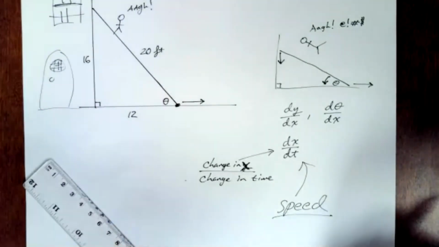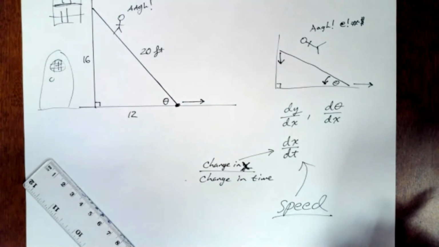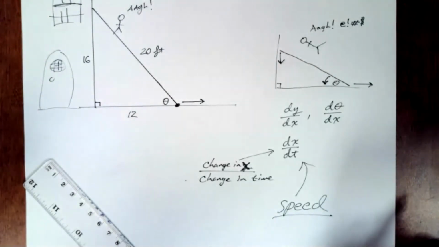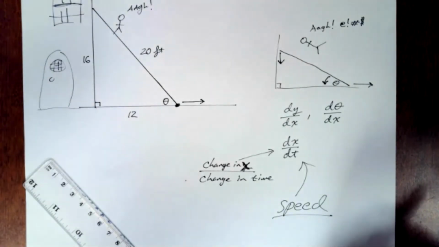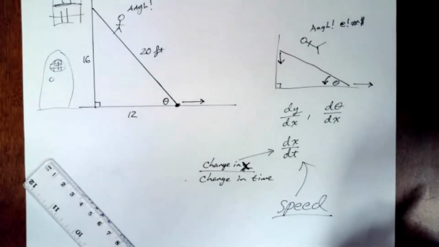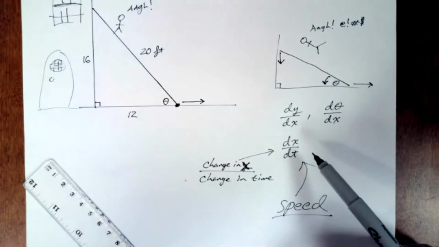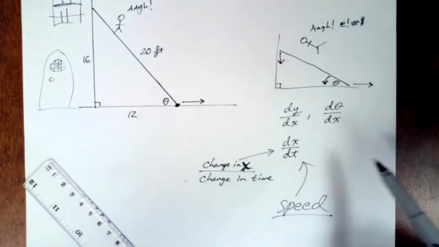And for those of you that have ever taken physics, you know about this term velocity, right? There's a difference between speed and velocity, but the point is that if you take a physics class with calculus, this is how you describe speed using calculus.